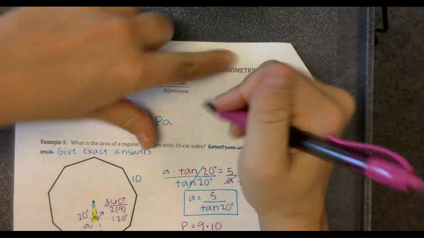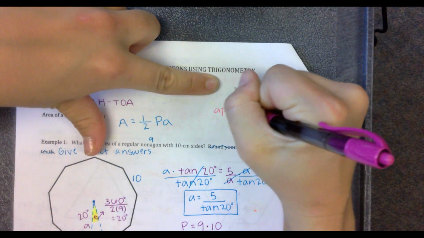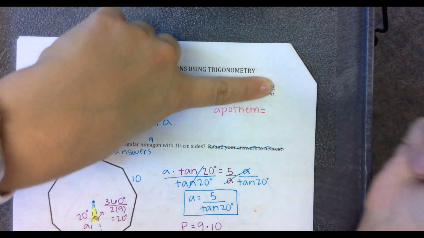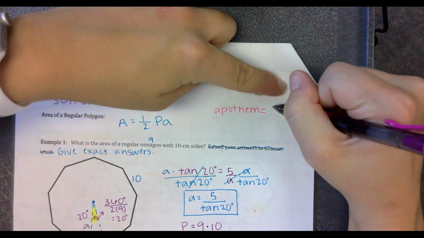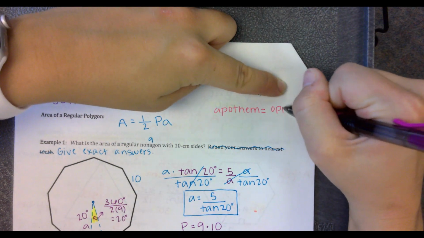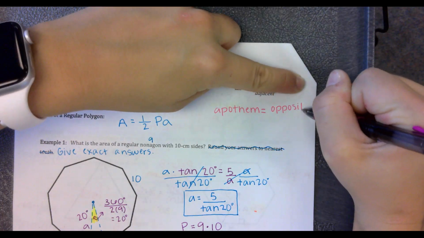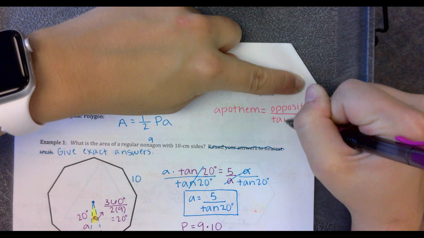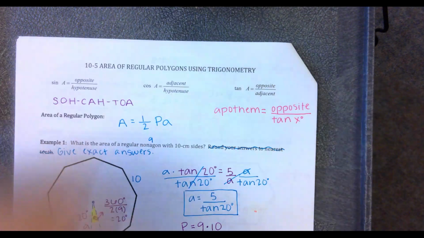Anytime you want to find the apothem, it's always going to be equal to the opposite side divided by the tangent of whatever angle we have.